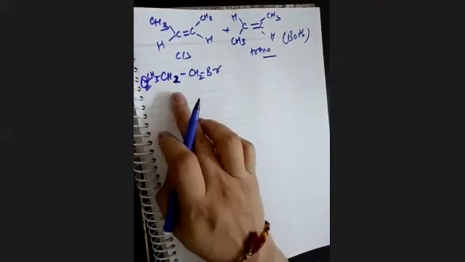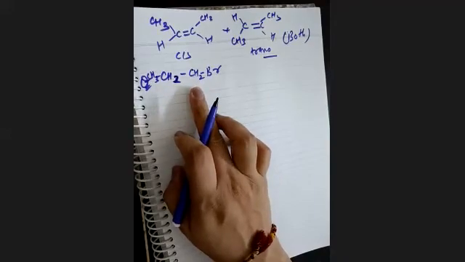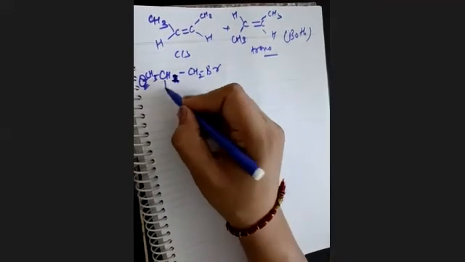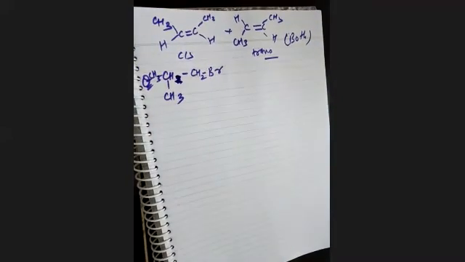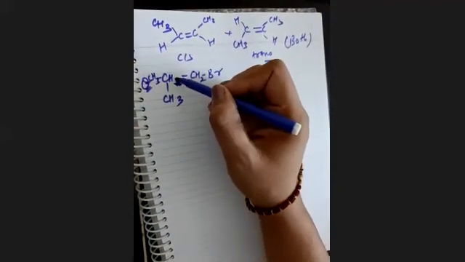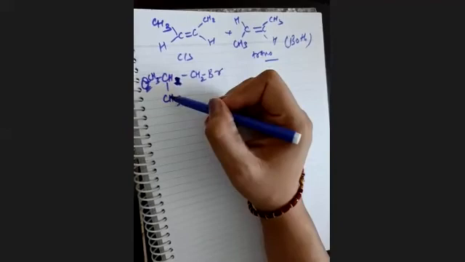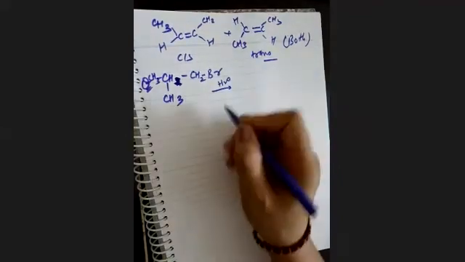So this will be CH3 CH2 CH2Br. Okay, let's make a change so that we can make a stable carbocation. So this will be CH3 CH CH2Br. With this carbon I have attached one methyl group. Okay, in presence of H2O at 60 degrees Celsius.